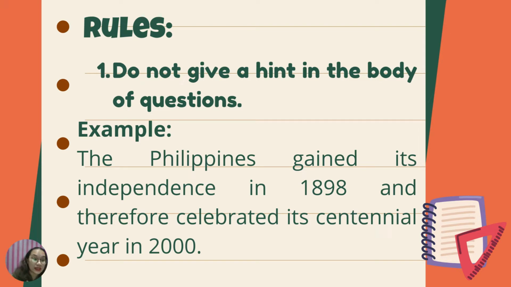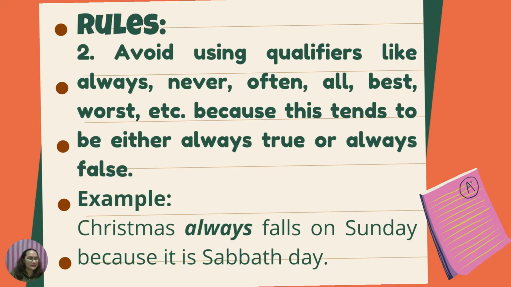If we analyze it, the answer here is false, right? Because it would be 102 years, not 100 years. All right? So the first rule just simply means that we should not give clues in our questions.